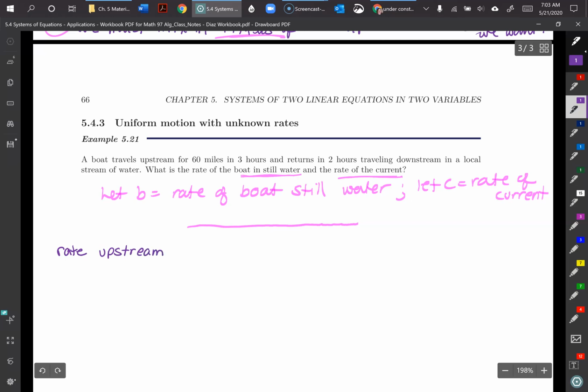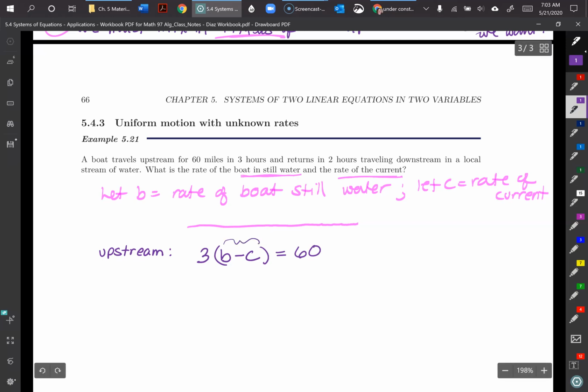Our first system equation is going to be B minus C is our rate upstream, but we actually want to set up the whole situation, not just the rate. We're going to set up our time times our rate equals our distance of 60. So that's my equation 1.